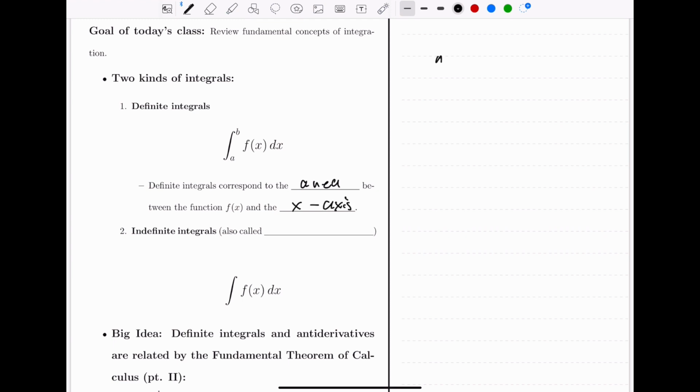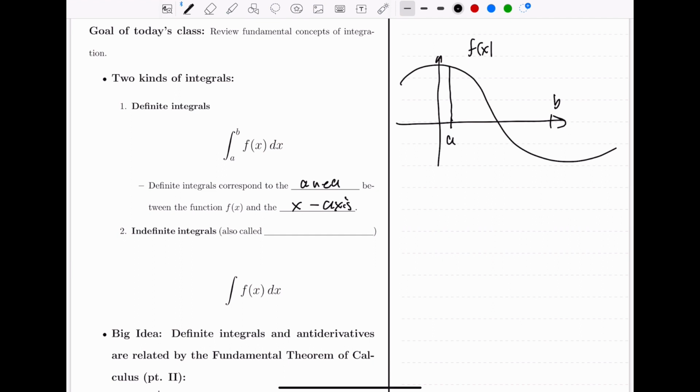Let's illustrate this. Let's think of some generic function f of x. Maybe it looks something like this. And let's take a value a over here and a value b. So we're thinking of taking the area between the curve and the x-axis. The area above the x-axis is counted as positive.